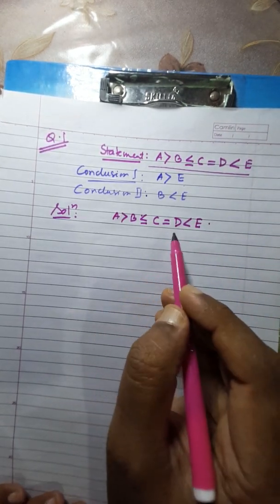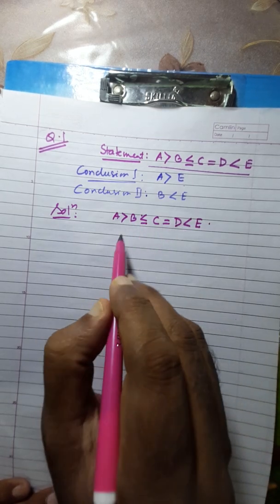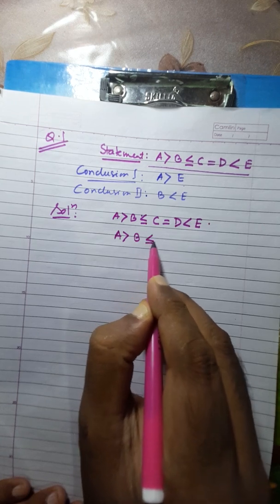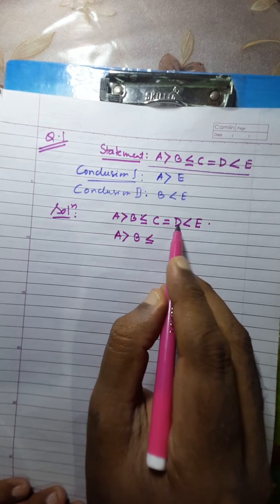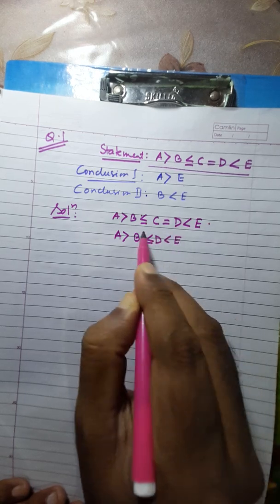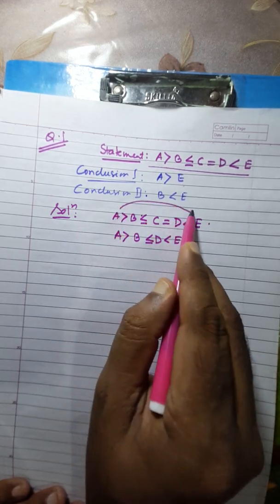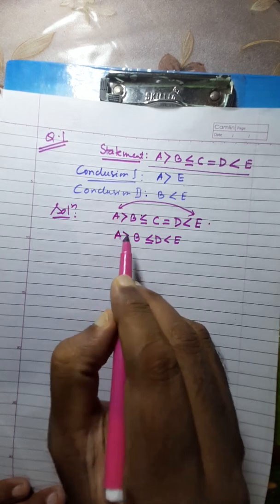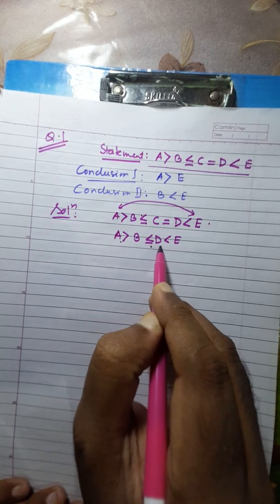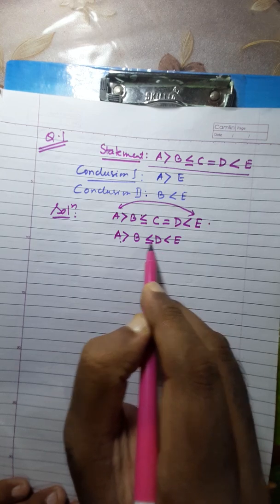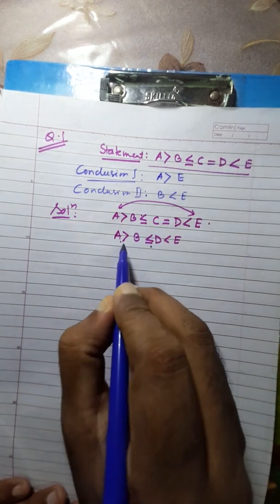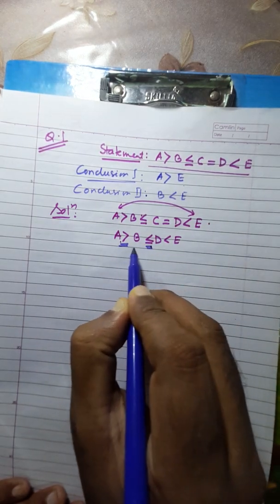So if we see the relation, A is greater than B, B is less than C, or we can say B is less or equal to D, and this is E. If we want to connect A with E, here it is greater than, here less than, so in the same statement, once we are getting less than, once greater than, once less or equal.